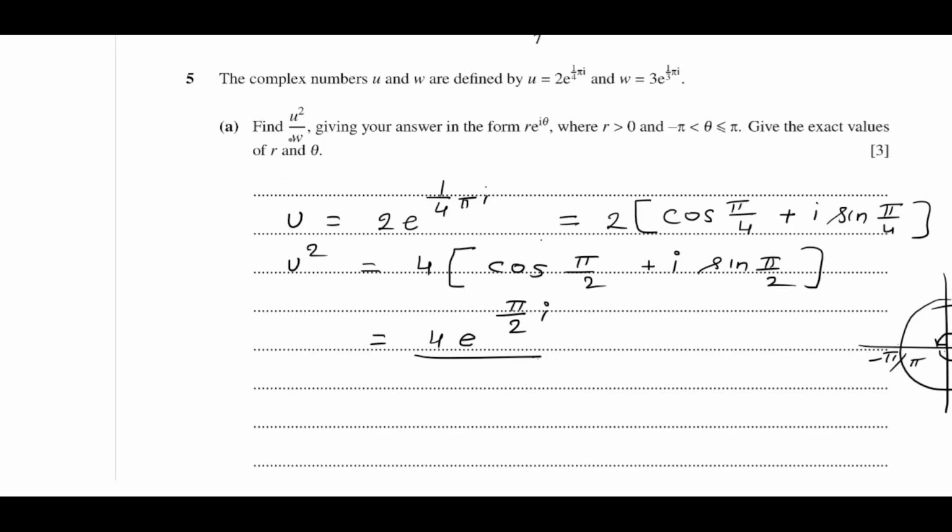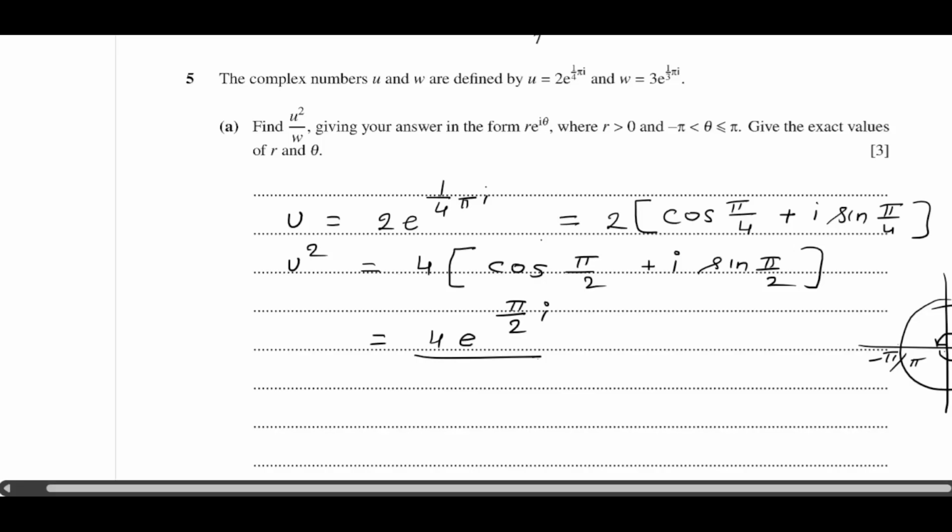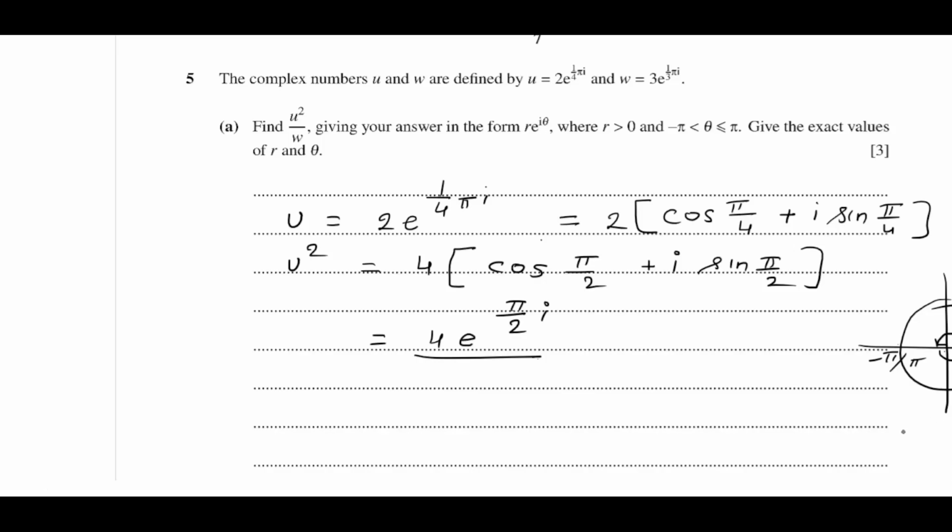Now w is given with angle π/3, which is 60 degrees, in the first quadrant.